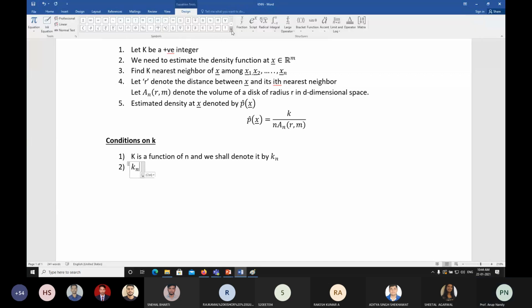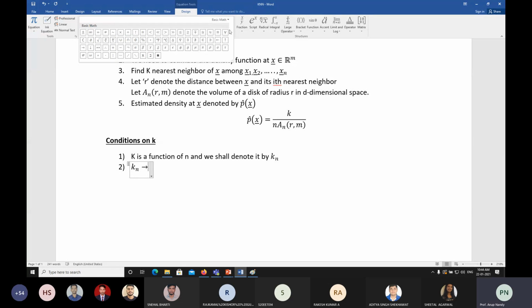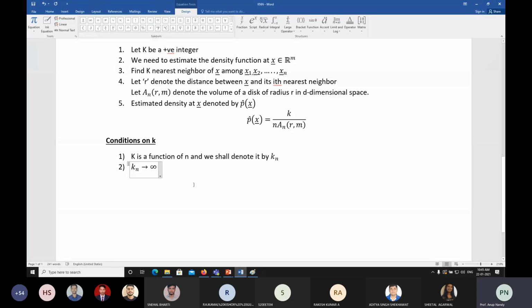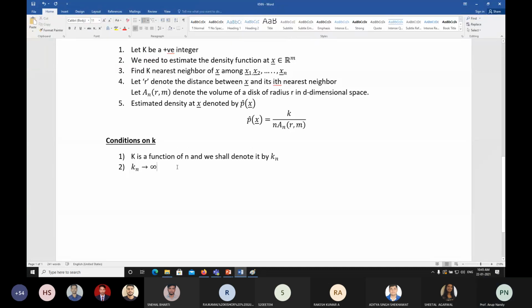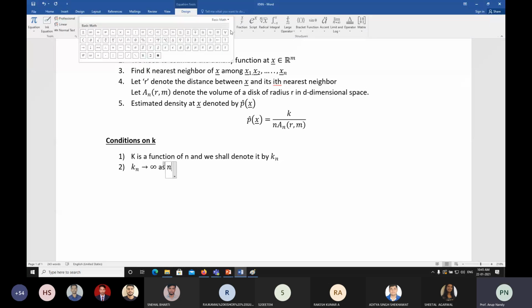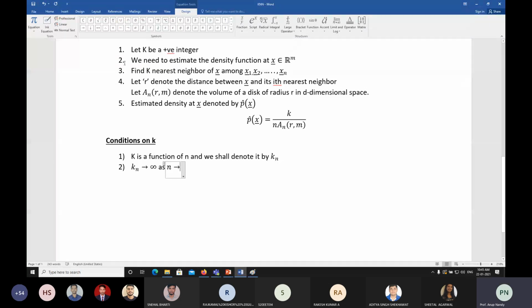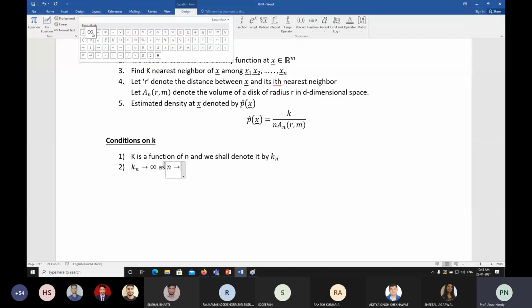Kn tends to infinity as N tends to infinity.